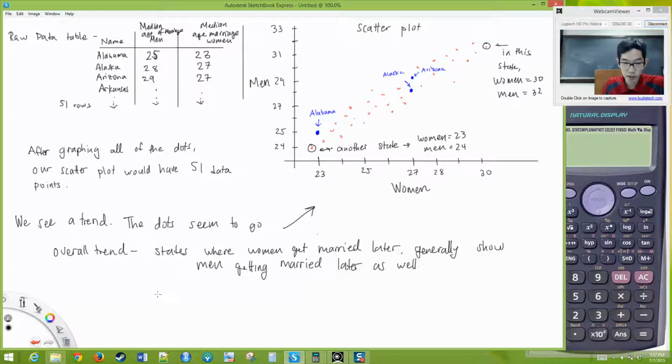Okay, and states where women get married at a younger age generally also have men getting married younger.